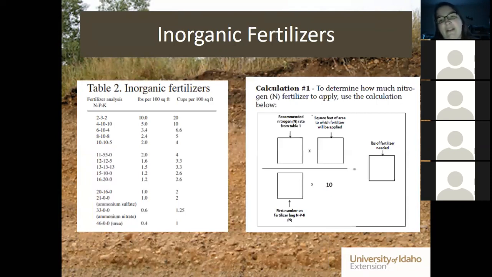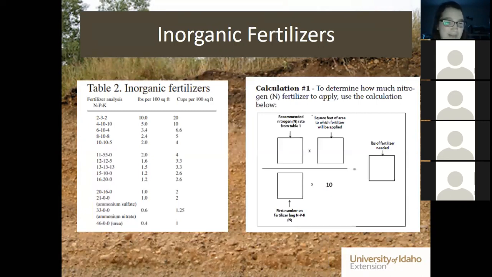Okay, so let's say we needed 3 pounds of nitrogen for our lawn. And let's make this easy and say that our lawn was 1,000 square feet. And then let's pick a common fertilizer here. I'll pick one that's high in nitrogen. So let's use that ammonium sulfate, kind of like the poor guy did that applied a little too much.